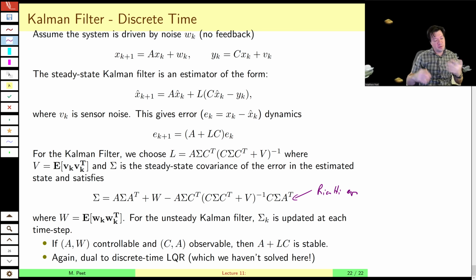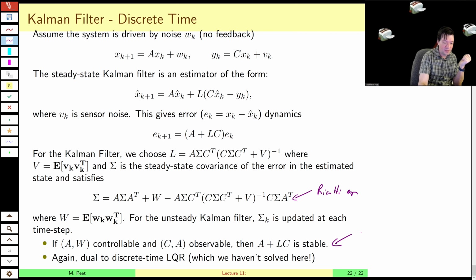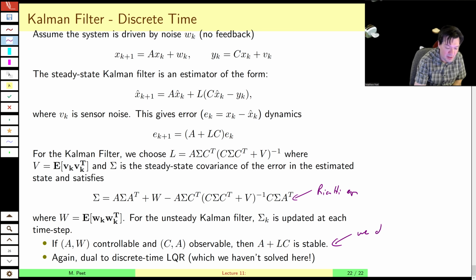In any case, the connection here is very tenuous to LMIs because I didn't give an LMI for optimal state feedback or optimal observer feedback in the discrete time case. We didn't cover optimal control in discrete time. Maybe you want to do a project on that.